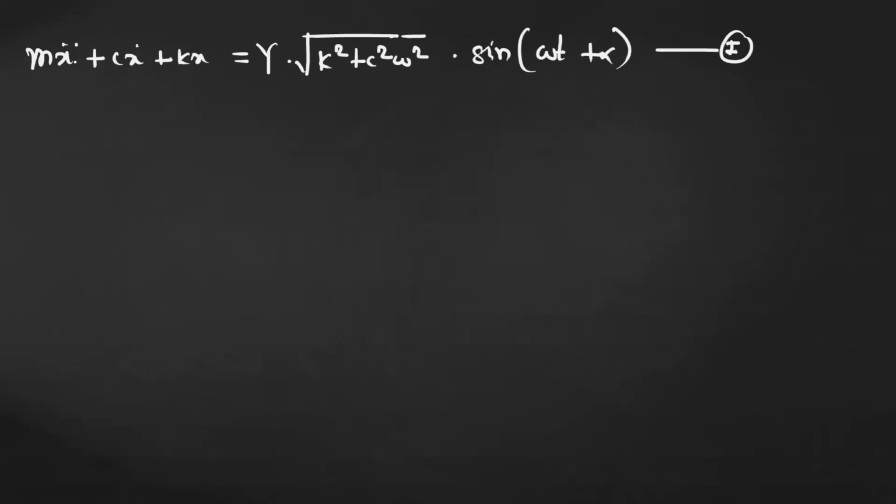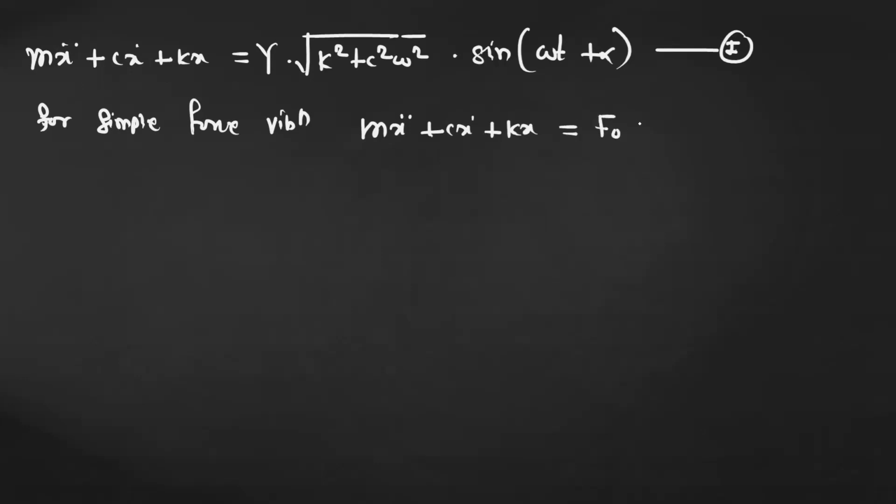Now if you compare this equation with the simple forced vibration, that is the first derivation in this chapter, we have the equation as m x double dot plus c x dot plus k x, this is equal to F0 sin omega t.